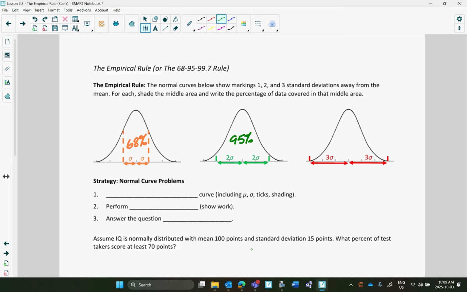And 99.7% will fall within 3 standard deviations. So there's a few data values left, but very few that fall outside. Those are very extreme values.